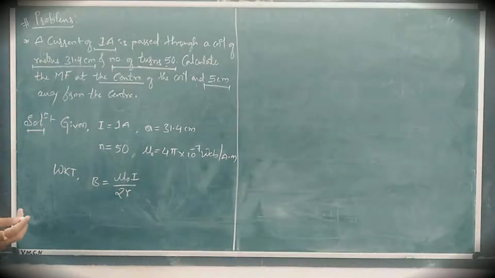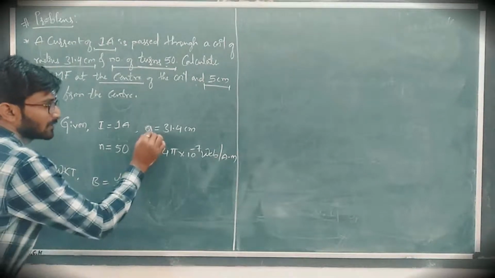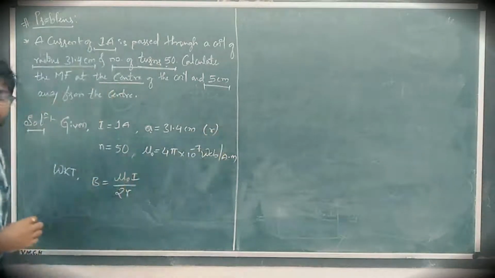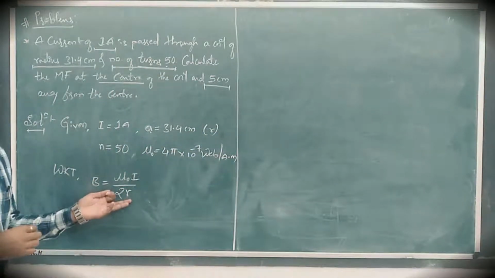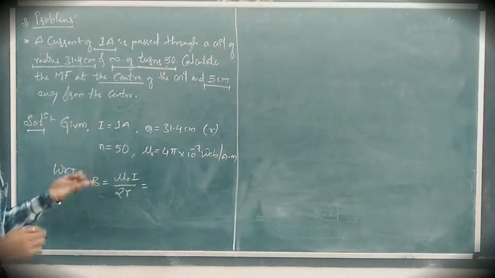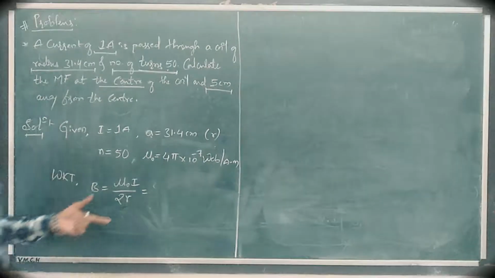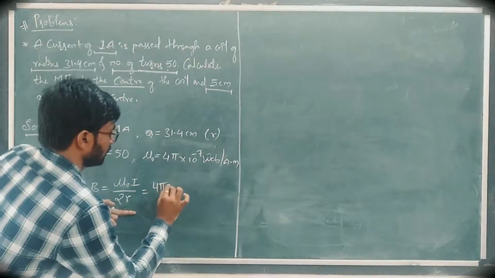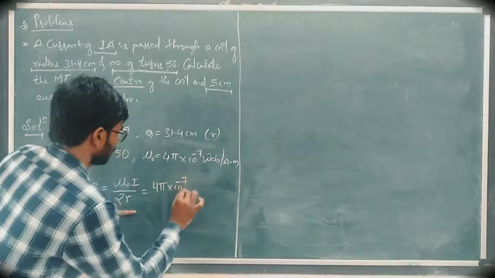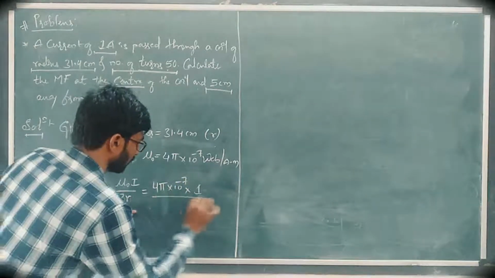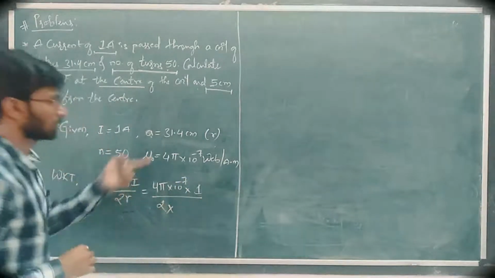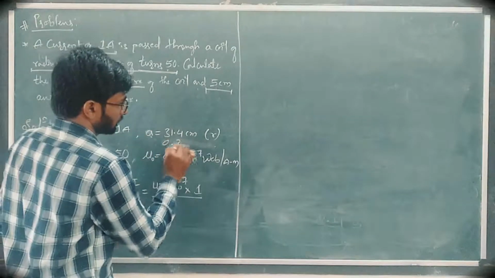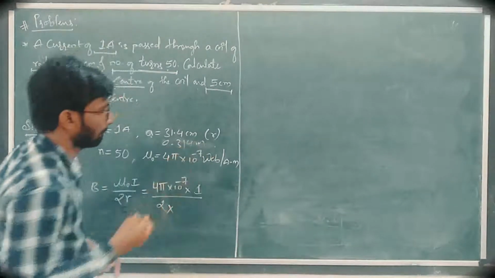I had considered the radius as A, or else you may write R here. Now substitute the values: 4 pi into 10 to the power minus 7 into current 1 ampere, whole divided by 2 into the radius 31.4 centimeter, which I can write as 0.314 meter.